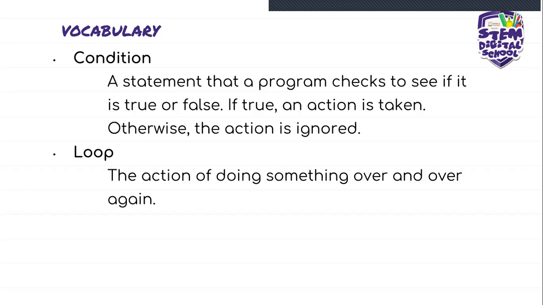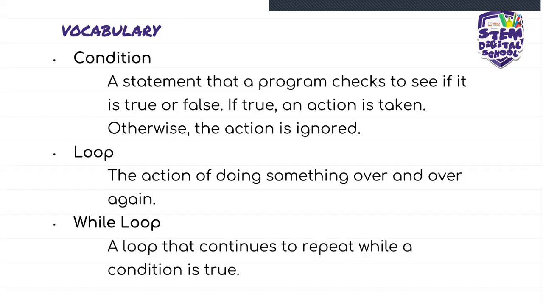Then we have a loop. A loop is the action of doing something over and over again. Okay, and we're going to look at those loops or repeat buttons again today. So don't worry about this, I'm just getting the vocabulary down so that we understand the words. And then here is a while loop.